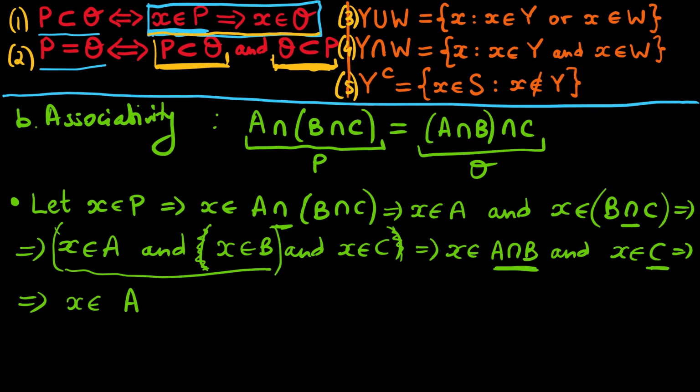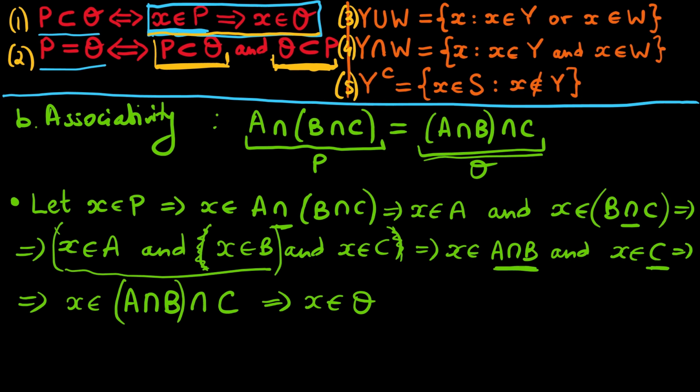The first set is A intersection B, the second one is C, and then we said that x must be an element of the intersection of these two sets. And that's exactly our Q. So we've shown that x must be an element of Q.